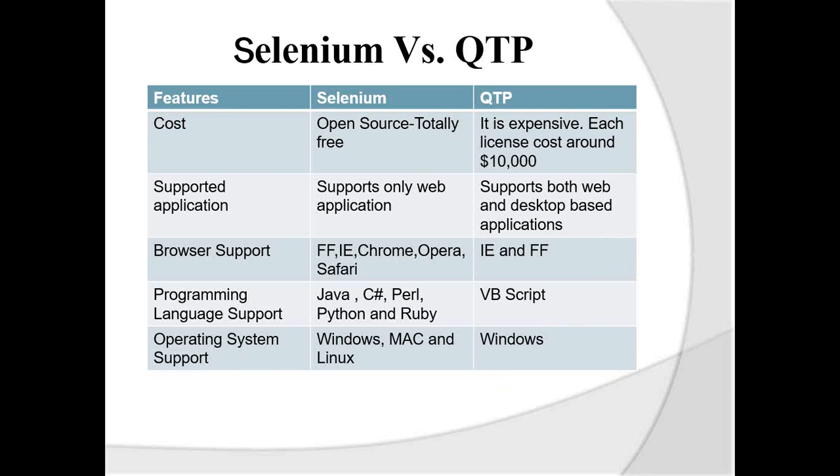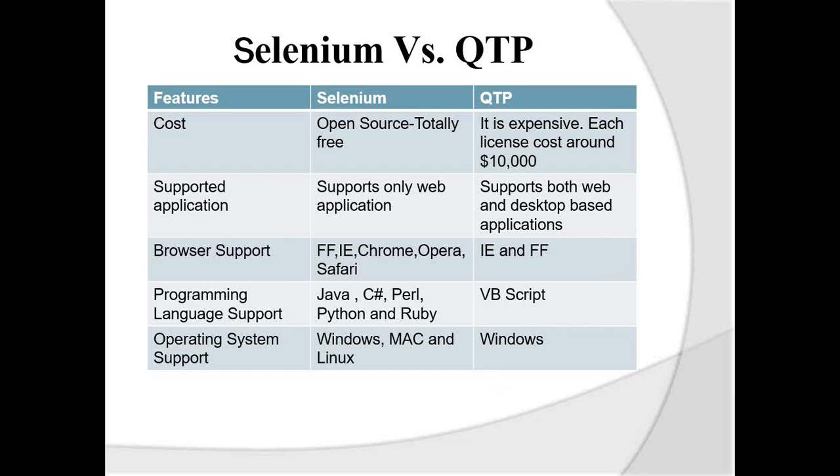When we talk about Selenium versus QTP, the comparisons, as I mentioned earlier, Selenium supports only web-based applications automation. QTP supports window-based applications and web-based applications, but Selenium is freeware, whereas QTP is an expensive licensed one. We have to pay for it.